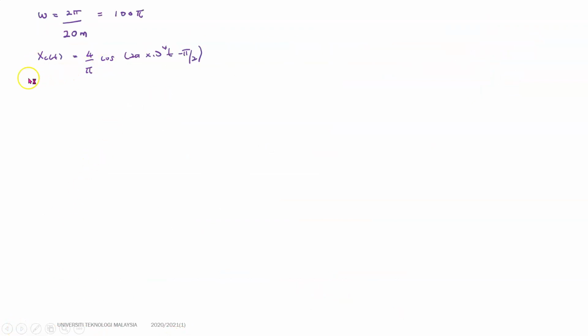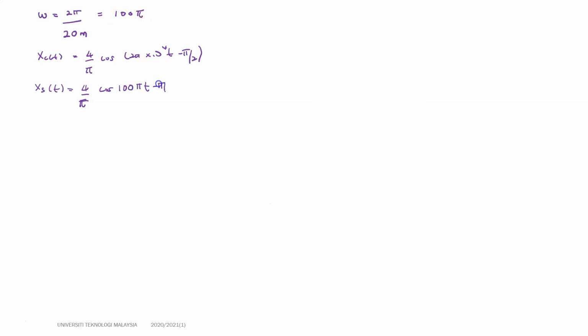Now to obtain xt, we just need to change the omega here. So xt is actually 4 over pi cos 100 pi t minus pi over 2, where 100 pi t is the new omega.